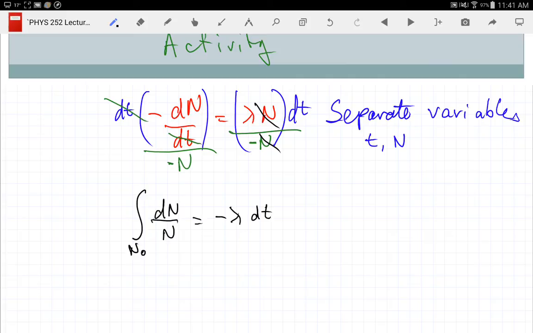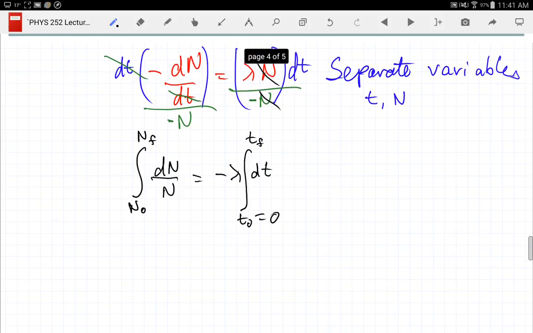So I'll put n0 as my starting number, n final is my ending number, time 0 equals 0 by definition is my starting time. Time final is my ending time. Doing that integral, what do I get?